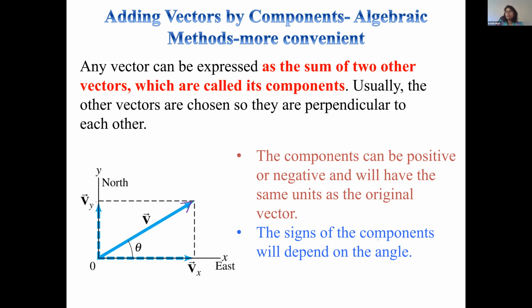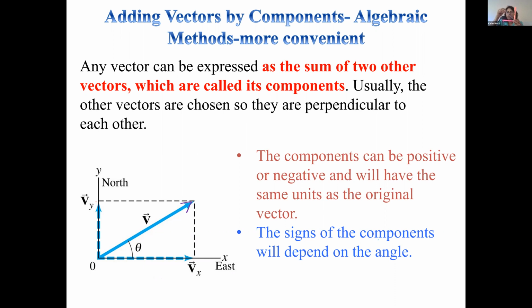Okay, a simple example is, if I have a vector, V vector, in some direction, I will be able to project this vector onto my x direction. Projection of this vector towards the x direction, we call the x component, right? Projection of this vector into the y direction, we call the y component.